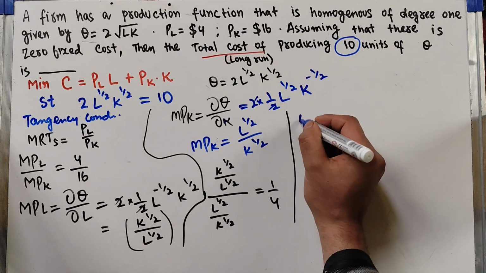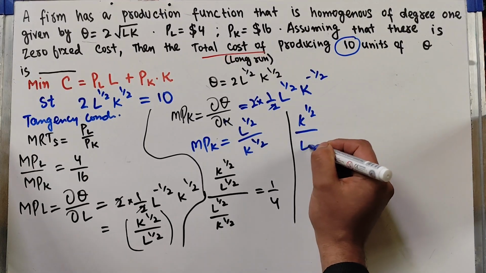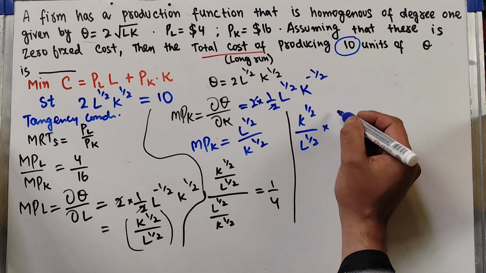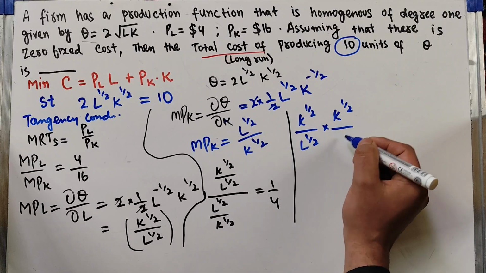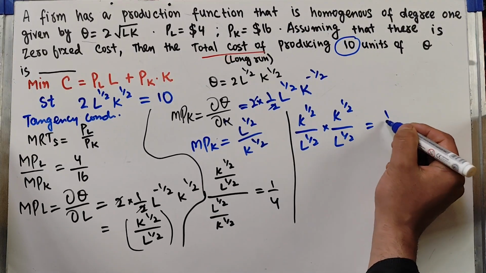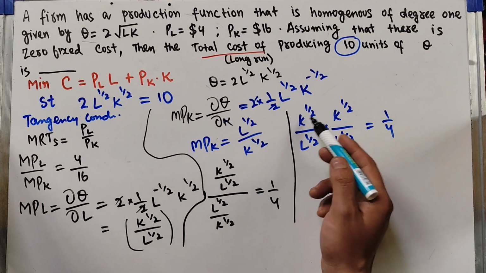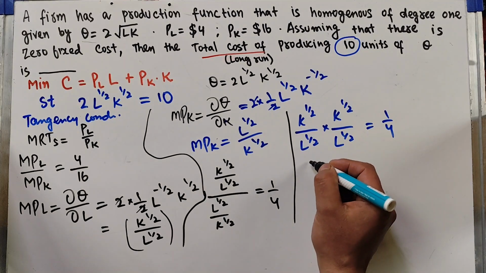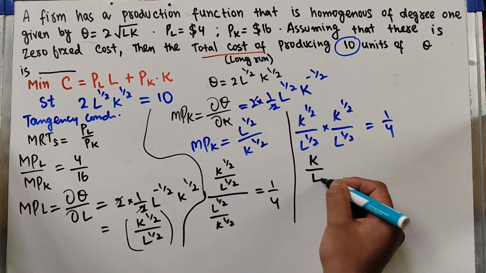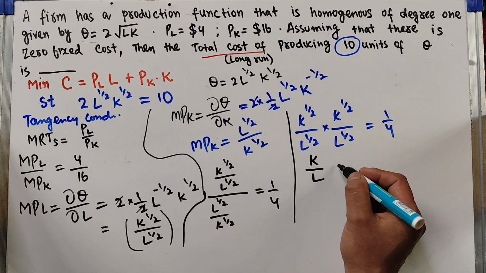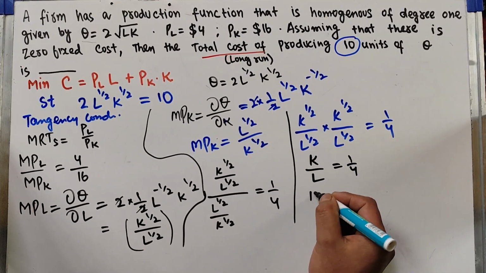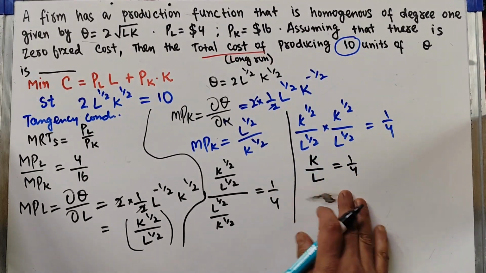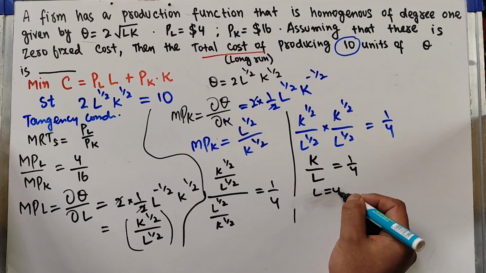Transposing to the numerator, it gets multiplied but reciprocated. It becomes K raised to the power 1 upon 2 upon L raised to the power 1 upon 2 into K raised to the power 1 upon 2 upon L raised to the power 1 upon 2 equals 1 upon 4. Bases are the same, so we can add up the exponents. 1 upon 2 plus 1 upon 2 becomes 1. So we get K upon L equals 1 upon 4. Cross multiplying, L will be equal to 4K.